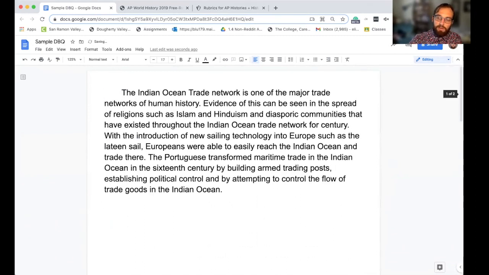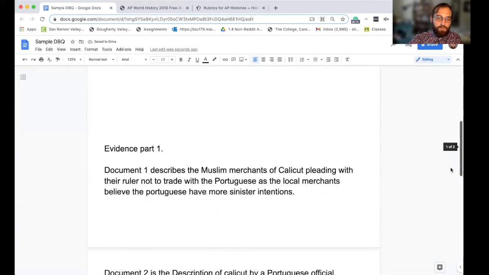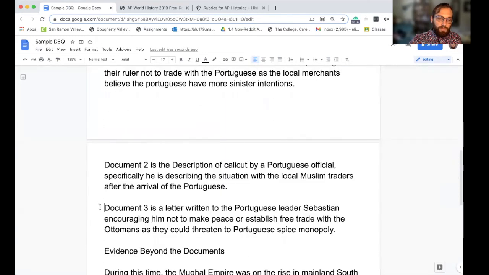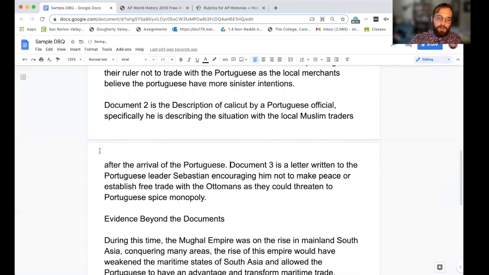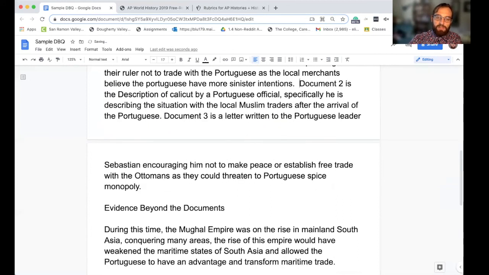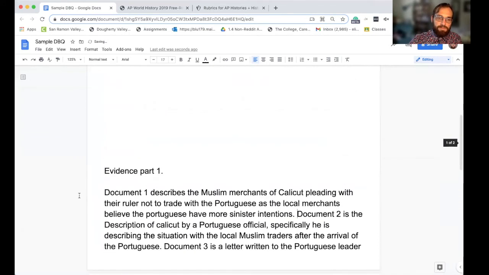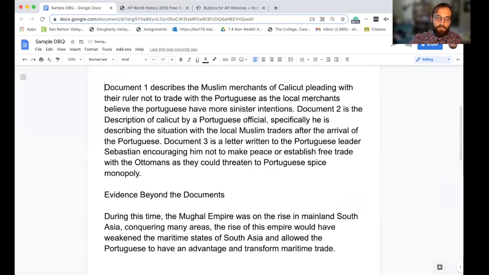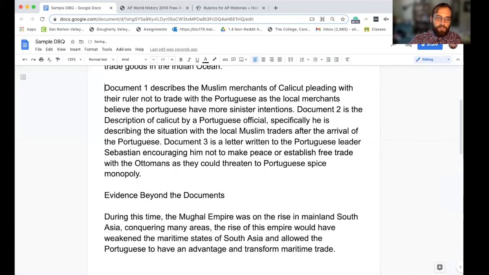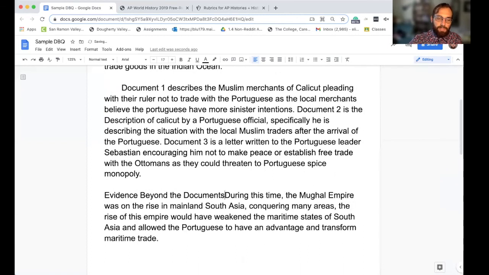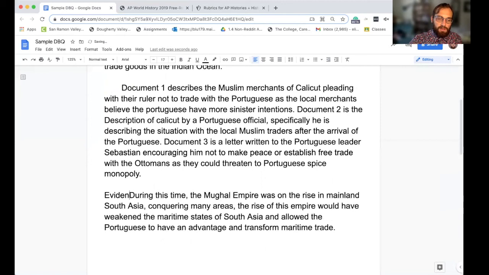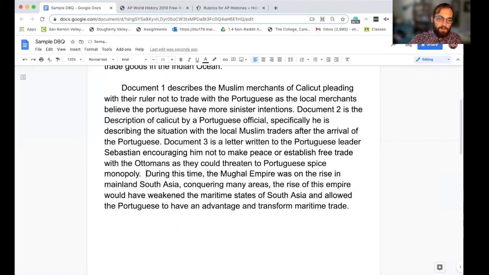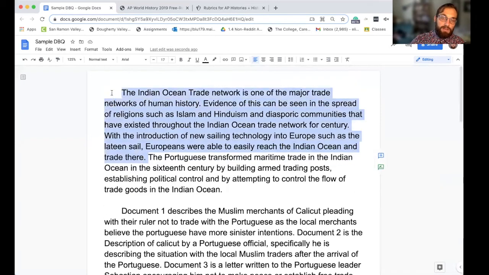Then we're going to go down here and get the rest of these, and put them in a single sentence. Document 1, document 2, document 3, just in a list. Delete that. Space, put a little hanging indent. And we're going to delete that. And there we go. So we have our context statement.